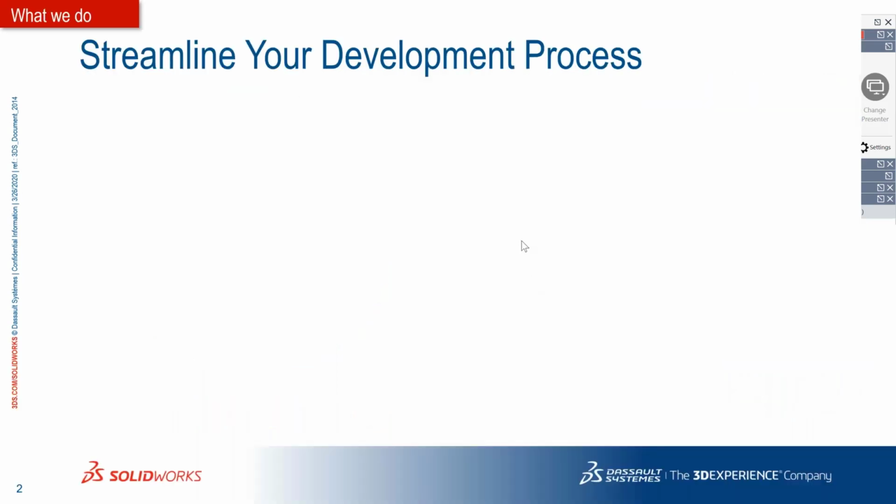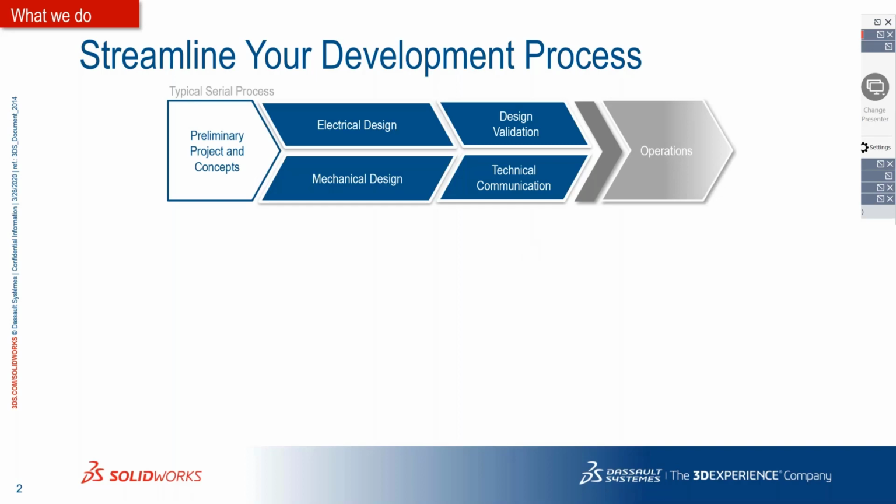Before that, we would like to give you a brief on how to streamline the development process. The development process typically starts with a preliminary project and concepts, and it goes on to electrical and mechanical design, where once the concept is frozen, there are a lot of mechanical components, and electrical wiring has to be done. Then it goes to design validation.